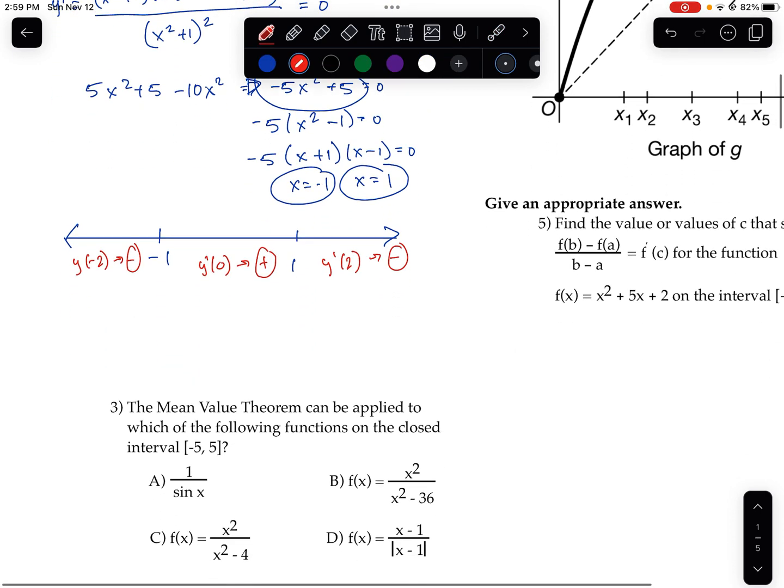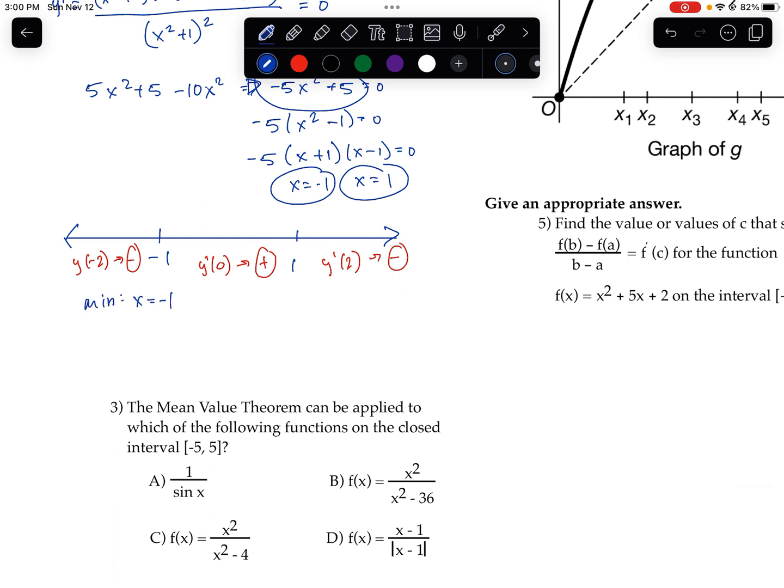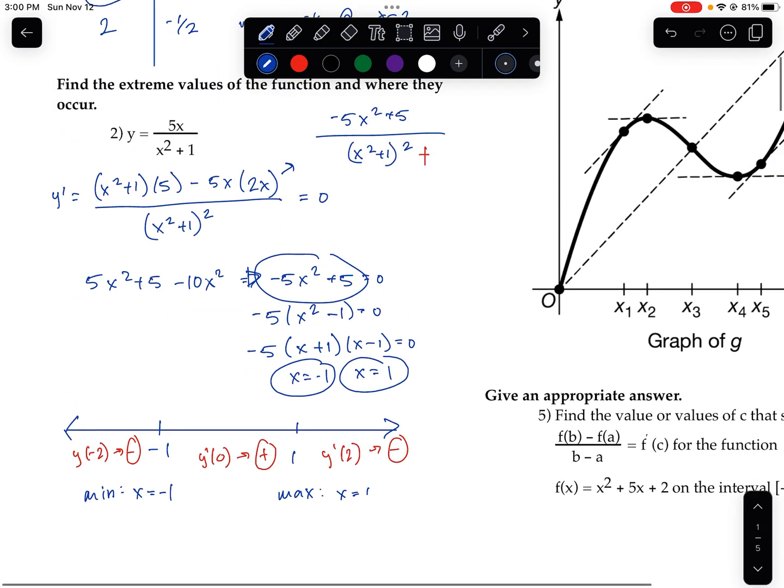So minimum at x equals -1, maximum at x equals 1, and we'll have to plug these in to find the extreme values. This is just where they're happening.